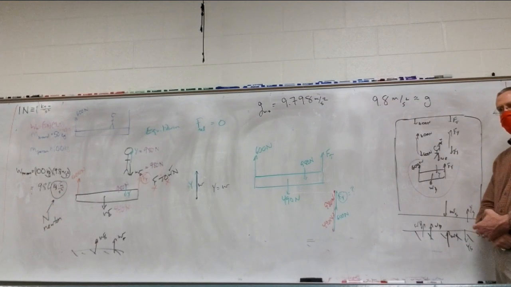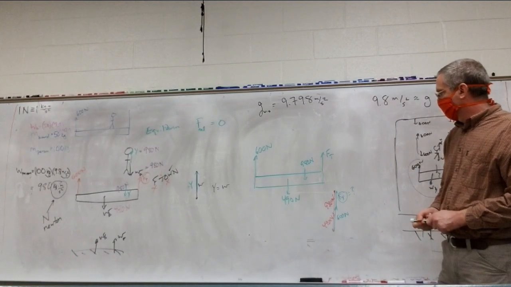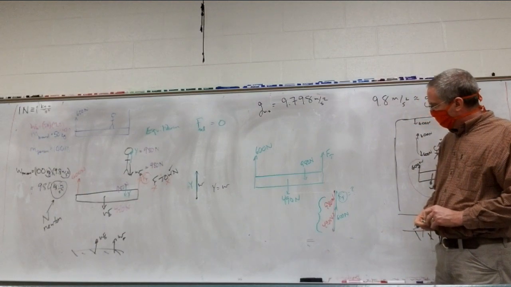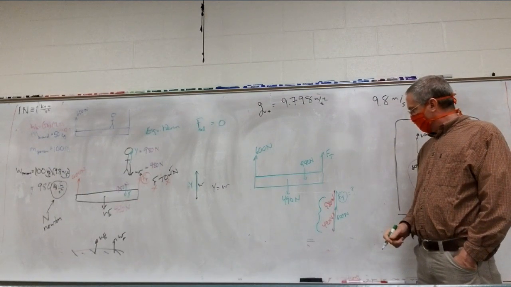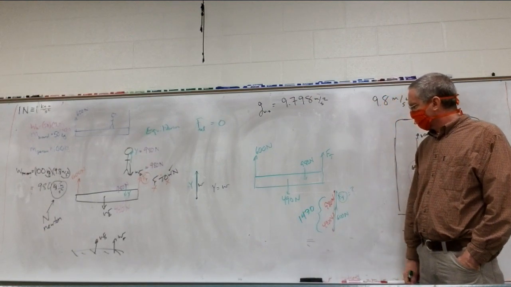Ultimately, if it's in equilibrium, the forces in one direction must equal all the forces in the other direction, magnitude-wise. Obviously, the direction will not be the same. So doing the fancy math here, 1470, going down.